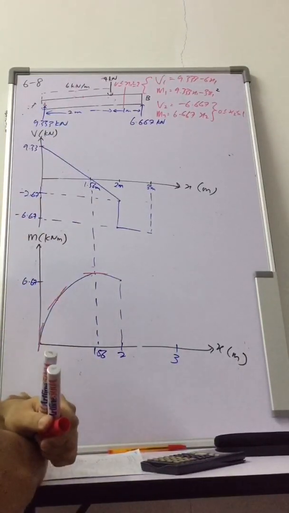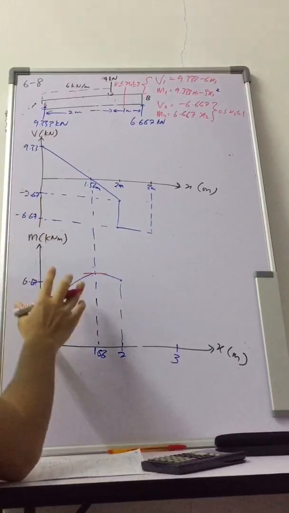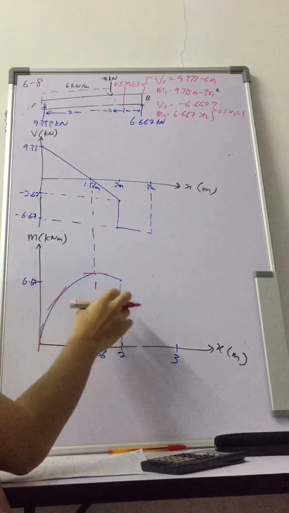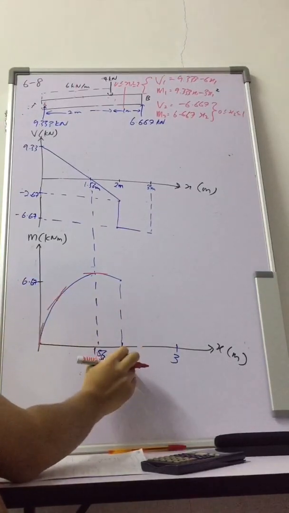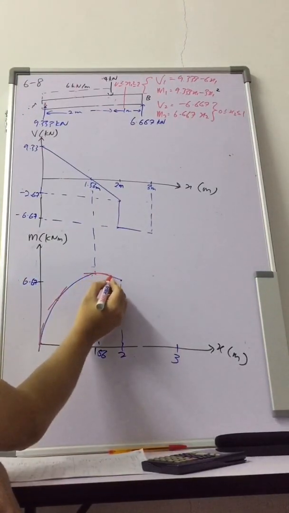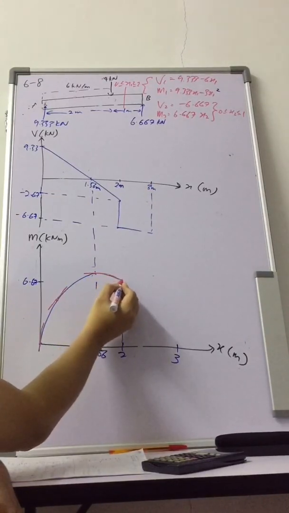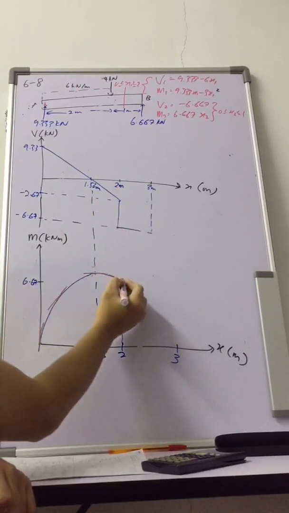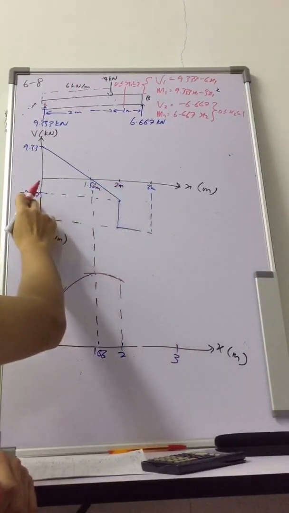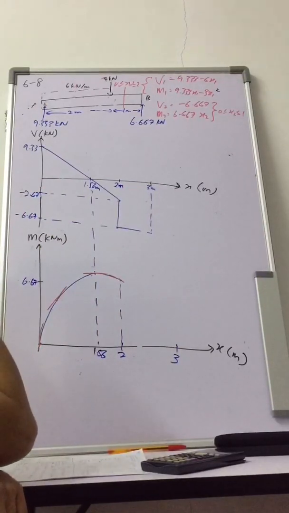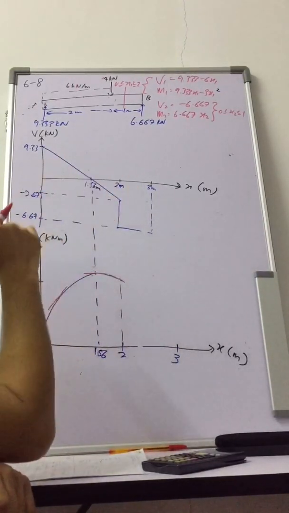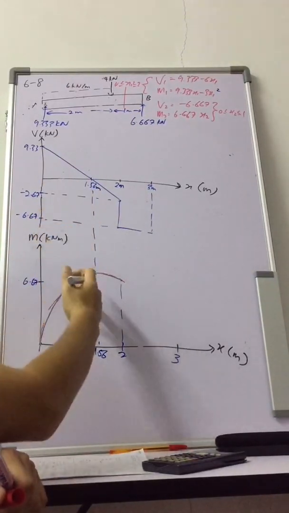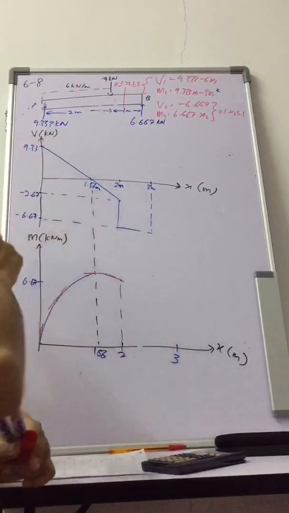That's why we say that the slope of M is the value of V itself. And after 1.56 until 2, the slope becomes negative, and it reaches this point, where the slope is minus 2.67. So that's why we don't need more points. We just have to interpret the slope corresponding to V.